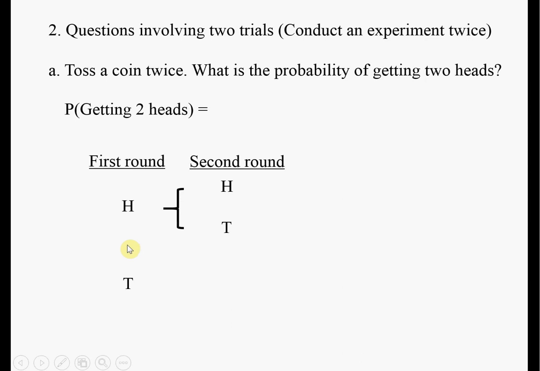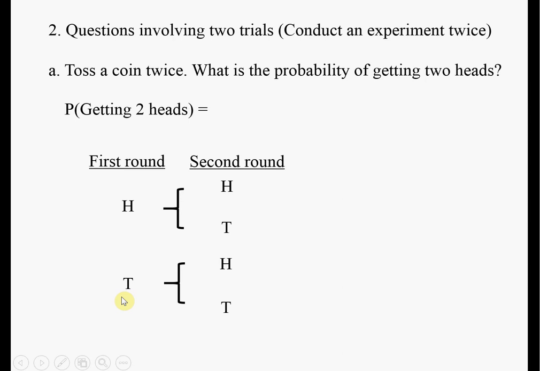Now, if the first time you got a tail, then you toss a coin again. What are the possibilities? Again, you either get head, or you get tail.